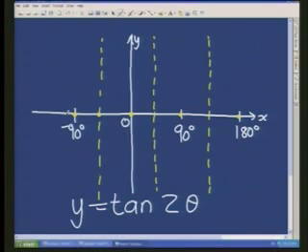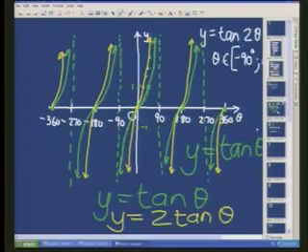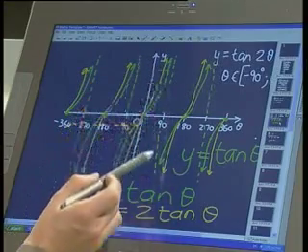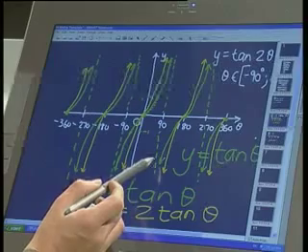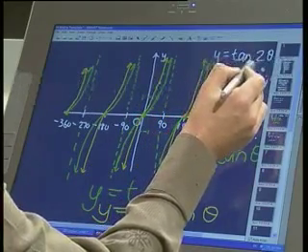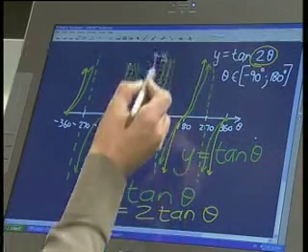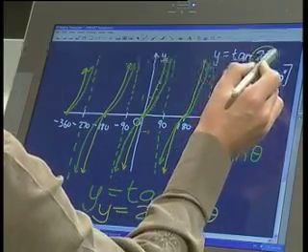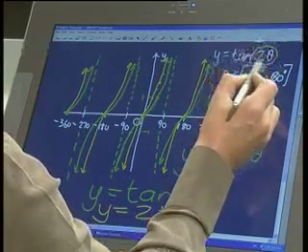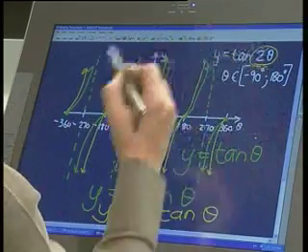So previously, when we looked at the graph of y equals tan theta, we saw that the asymptote was in line with 90. Now the 2 theta has caused the asymptote to be in line with 45, because if this angle is 90 degrees, then tan of 90 is error, is undefined.